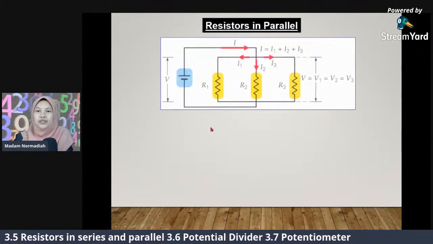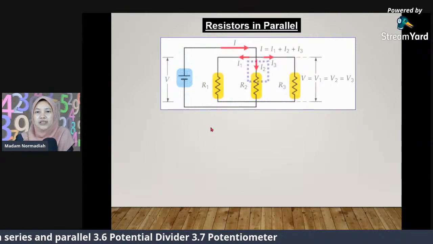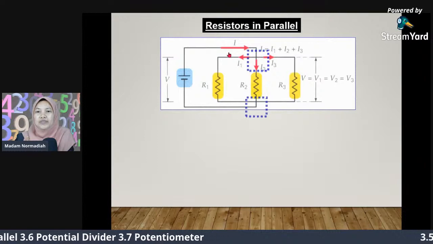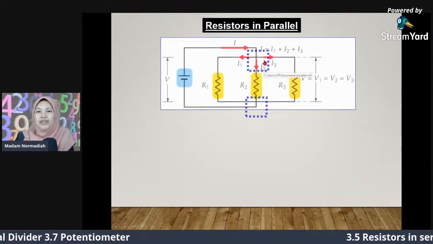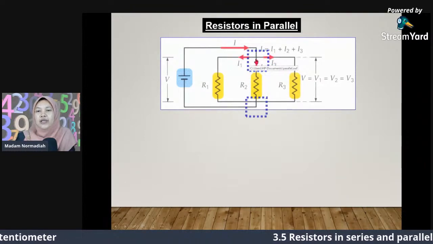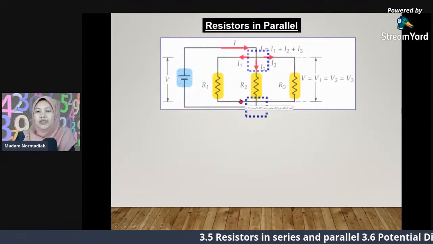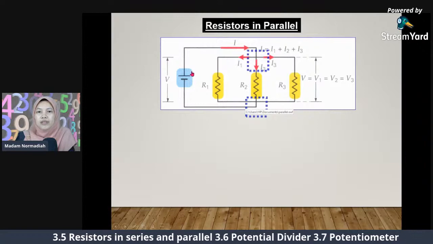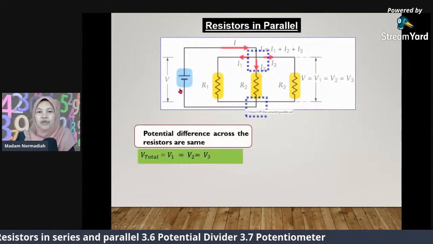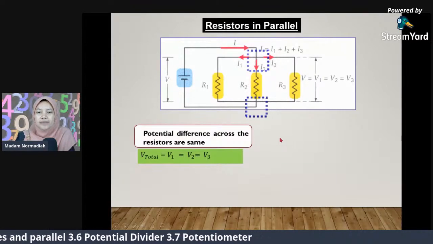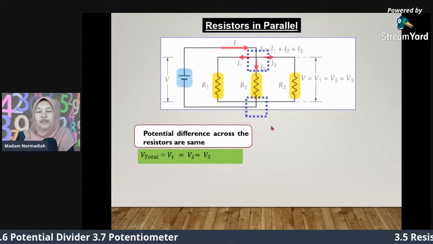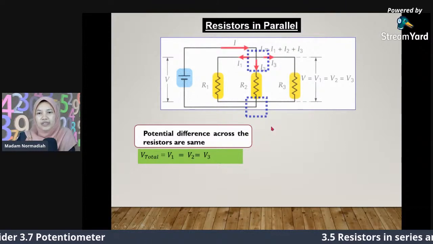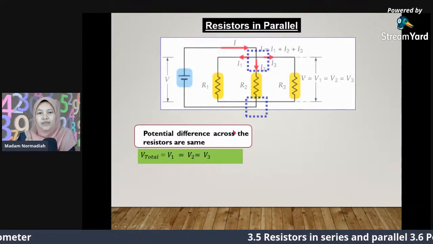Another combination is the parallel combination. Look at this figure: we can see that the end of each resistor is directly connected to the terminals of the power supply to form a complete circuit. So the voltage drop across each resistor is the same.